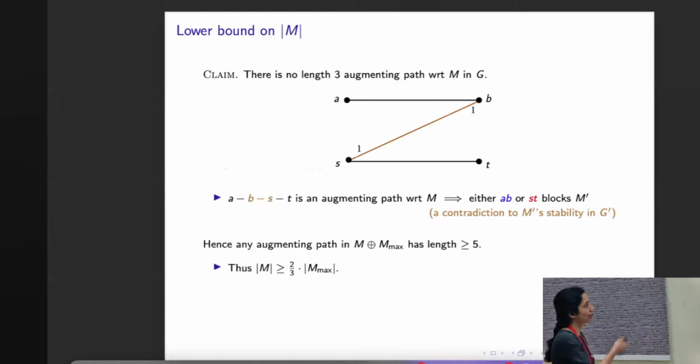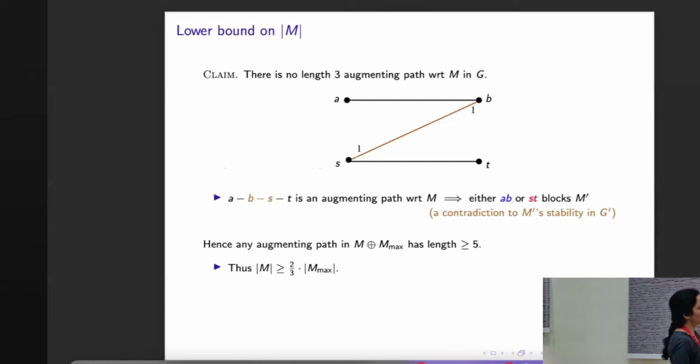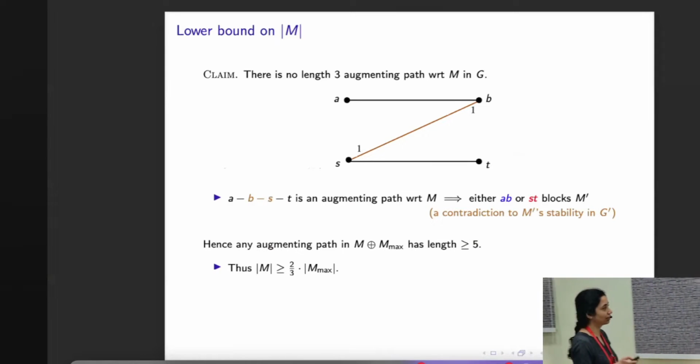So we wouldn't get such an augmenting path with respect to our matching M, that is, an augmenting path in the symmetric difference of M and a maximum size matching.